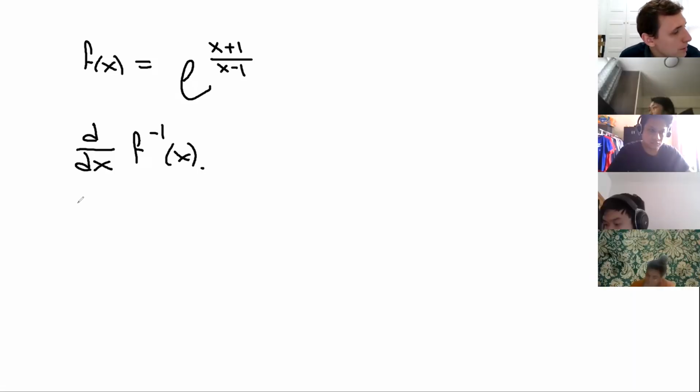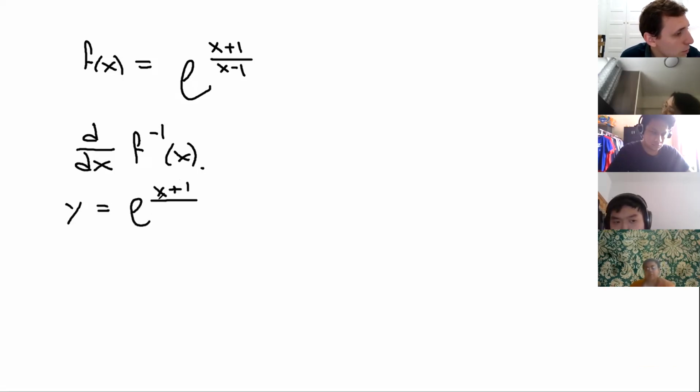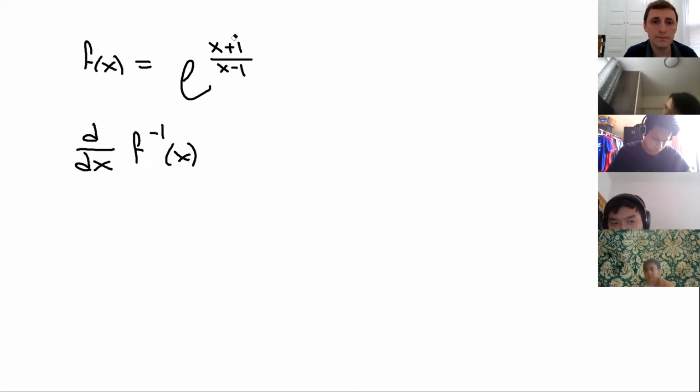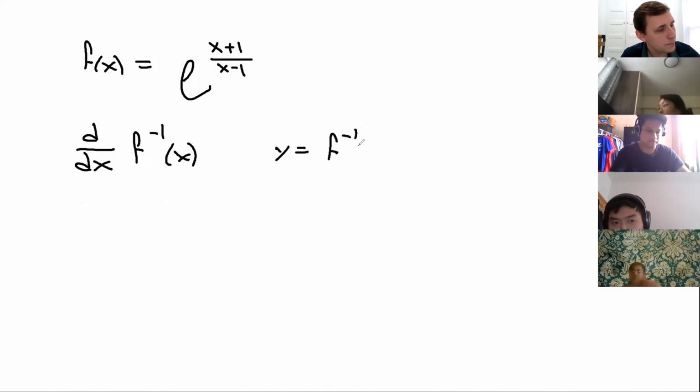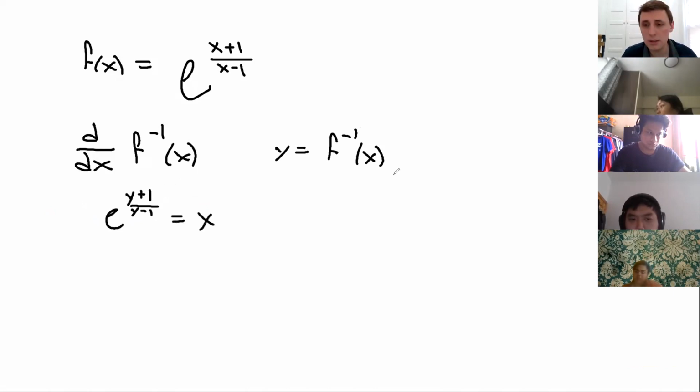We say y is equal to e to the x plus 1 over x minus 1. I mean, sorry, y is equal to the inverse function. Which means that e to the y plus 1 over y minus 1 is equal to x.